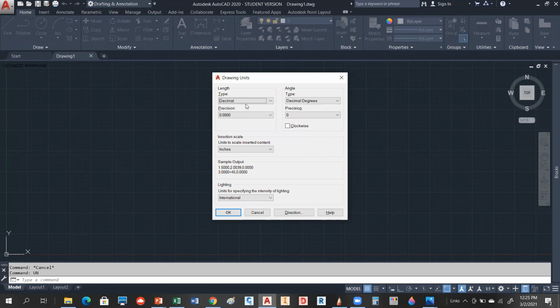So if I'm 100 feet, I just type in 100. But since you're going to be in a readout system of bearings rather than angles, you need to set your unit angle to surveyor's units. I would probably put my precision up. This doesn't really matter, but if you want to list what you've got, that'll show you. So you've got your decimal units, your surveyor's units, you're good to go.